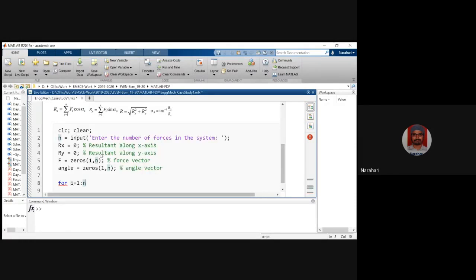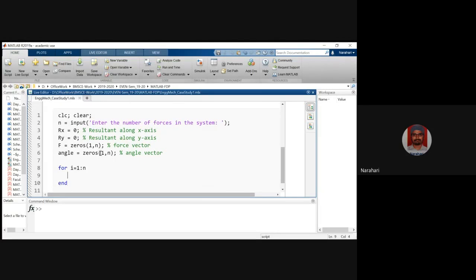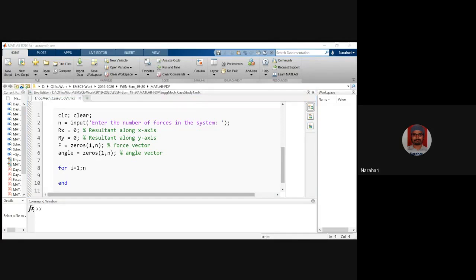We know what this 1 to n is: it gives you a vector starting from 1 as the initial value till n, incrementing by default by 1. So in this live script, one advantage is if you type code, it will try to autocomplete. If I write for, it automatically auto-populates end. It's a smart way or a lazy way of working, it's up to you how you take it. So now I have taken this.